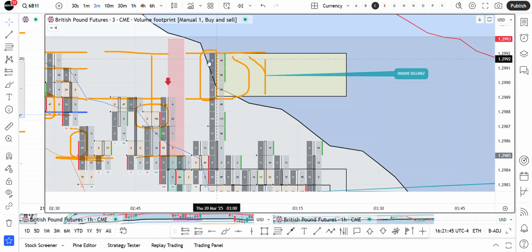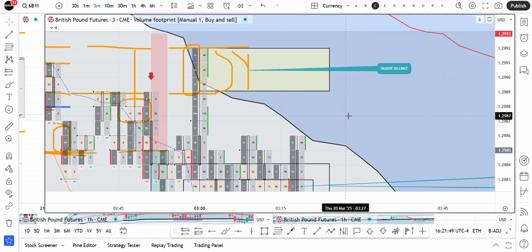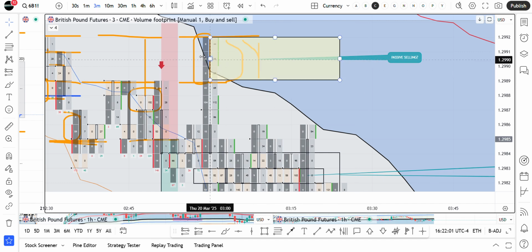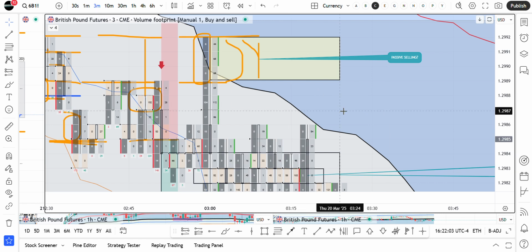You can see the zero selling, but somehow it stops there. To me, either that's A, people getting in on limit orders, B, a drying up of buying, or C, just bad data from this TradingView, which I don't think it's C.